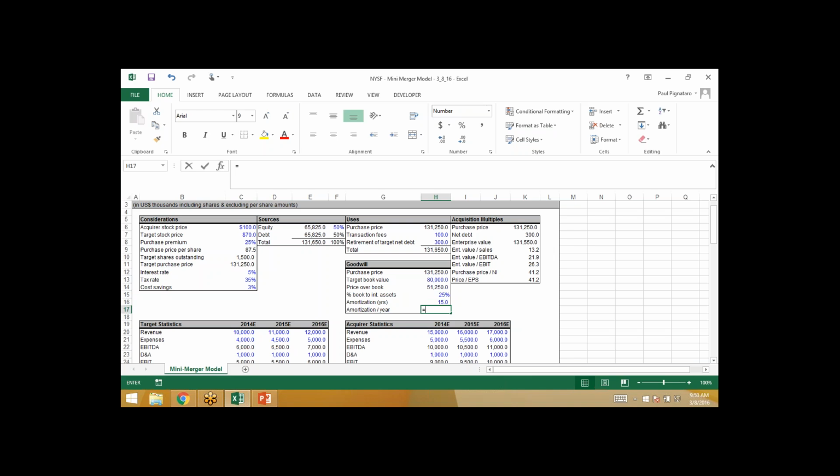So we're going to take the price over book times 25% of that, divided by 15 years. 25% of that difference divided by 15 years is the annual new amortization based on the allocation of price over book value to intangible assets. That's how you talk about it. Okay? That's an additional expense.